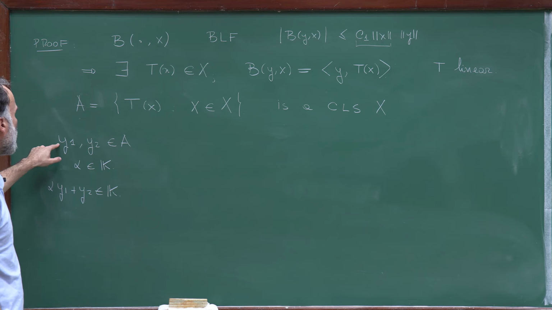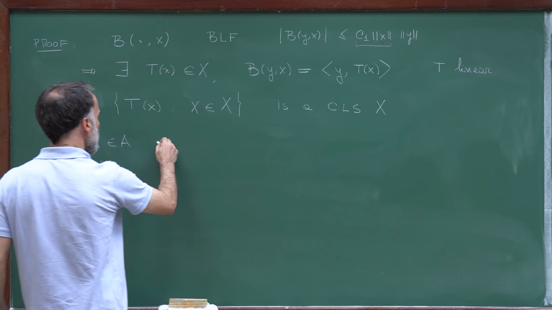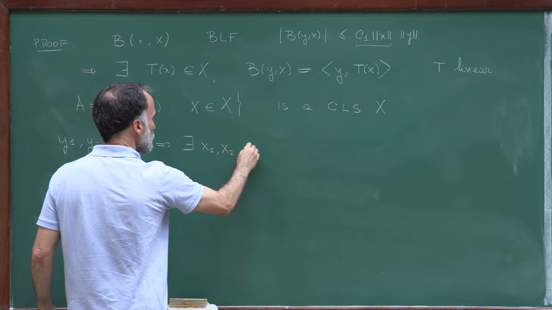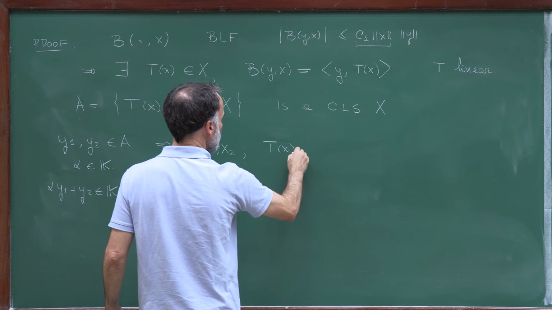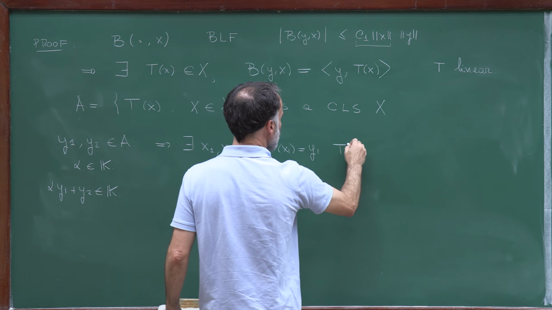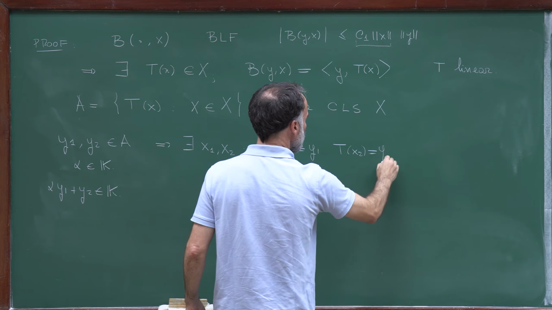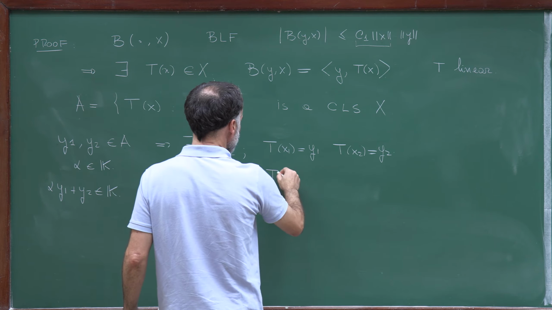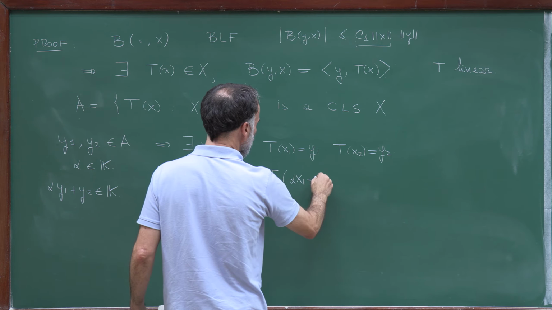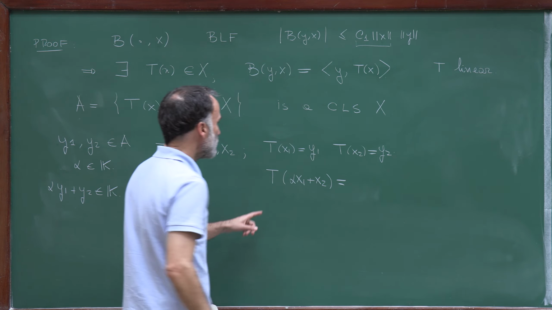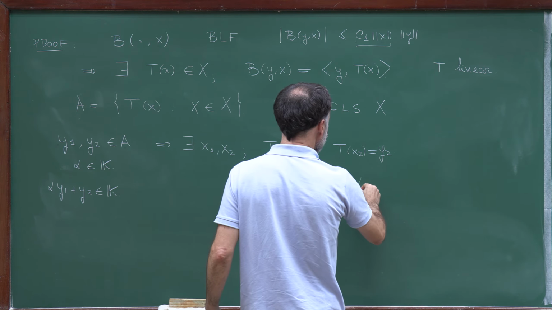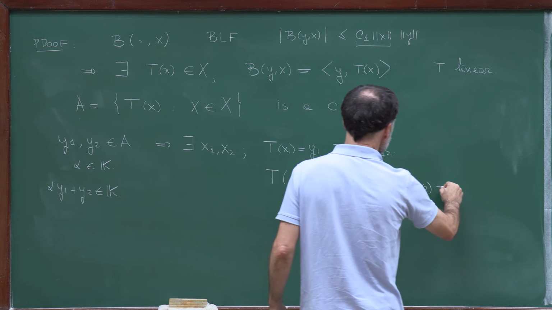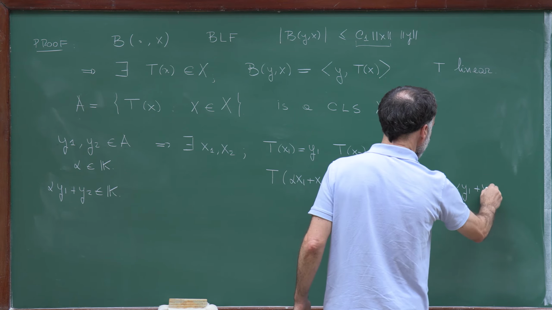But since y1 belongs to A and y2 belongs to A, this means that there exist x1 and x2 such that T(x1) is y1, T(x2) is y2. Now, if I take T(αx1 + x2), by linearity of T, this is αTx1 + T(x2), which is αy1 + y2.